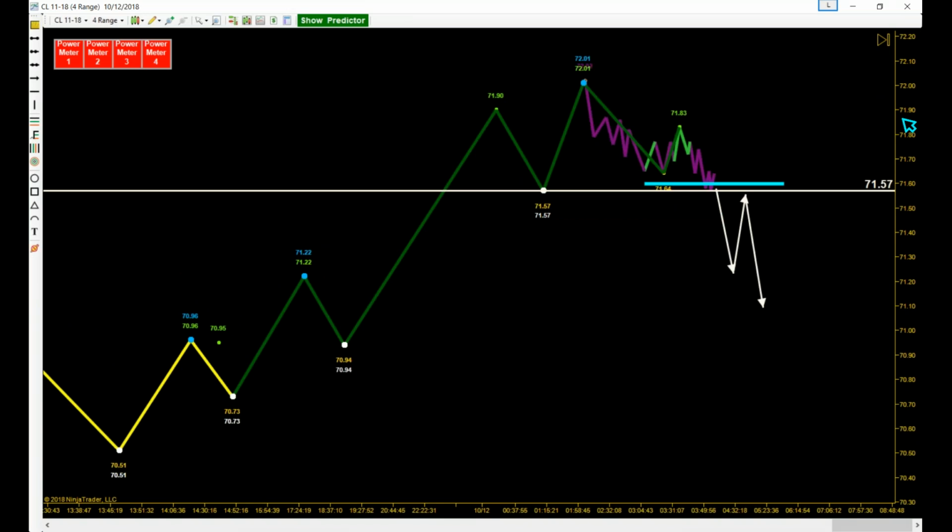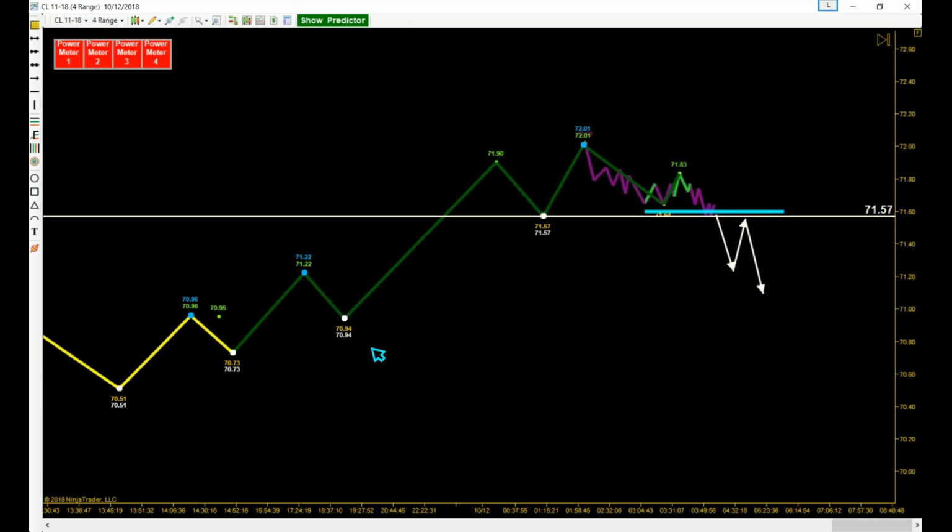Have you ever noticed that a lot of times you get these little, well, look at this right here, 73 to 22. That's about a 50 tick move. That's a huge move right there. But as a rule, when you get a low and you get another high, there's 96 to 22. That's about a 26 tick trade.